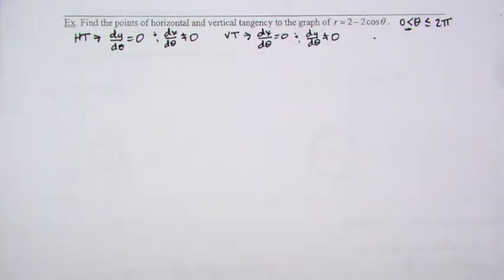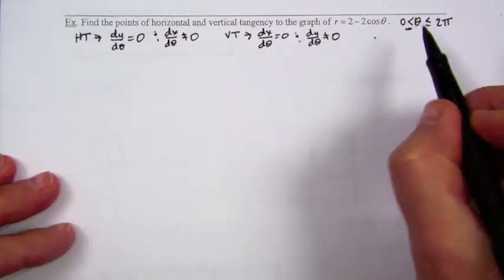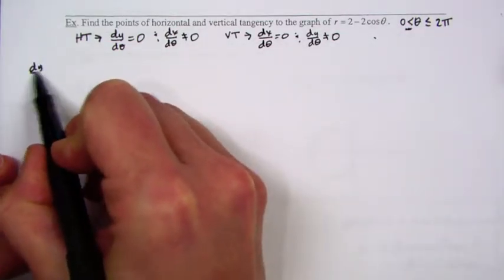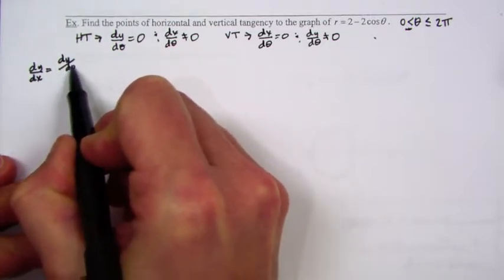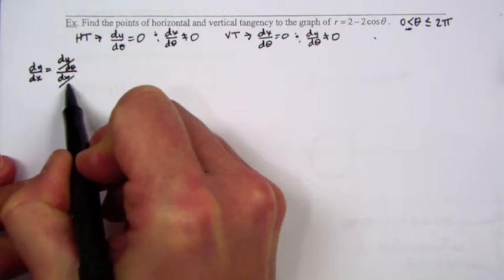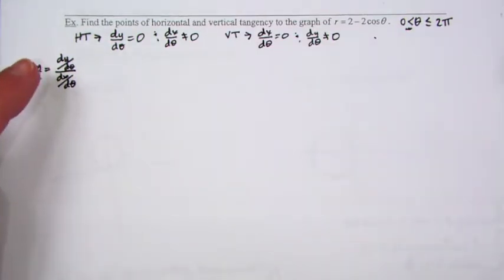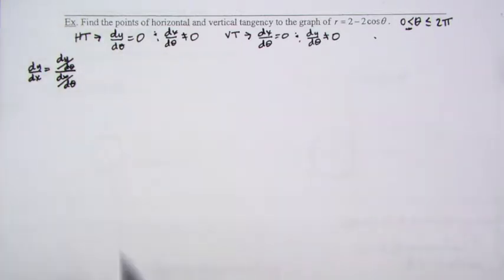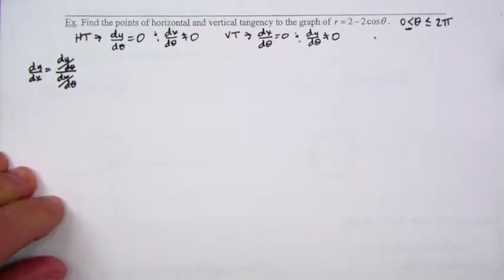Because remember that 0 over 0 would give me something indeterminate there. Remember we broke that into pieces because dy dx for purposes of polar is defined to be dy d theta over dx d theta. So where the numerator is equal to 0, I get 0 over a number, I would have a horizontal tangent, but if I have a number over 0, that's where I would have a vertical tangent because that's undefined.